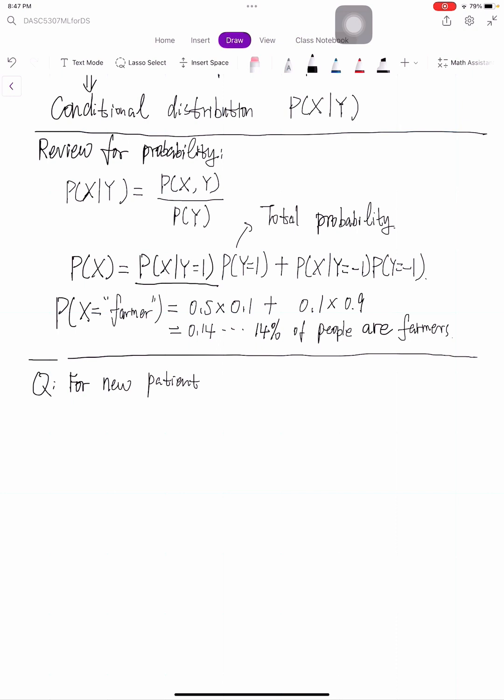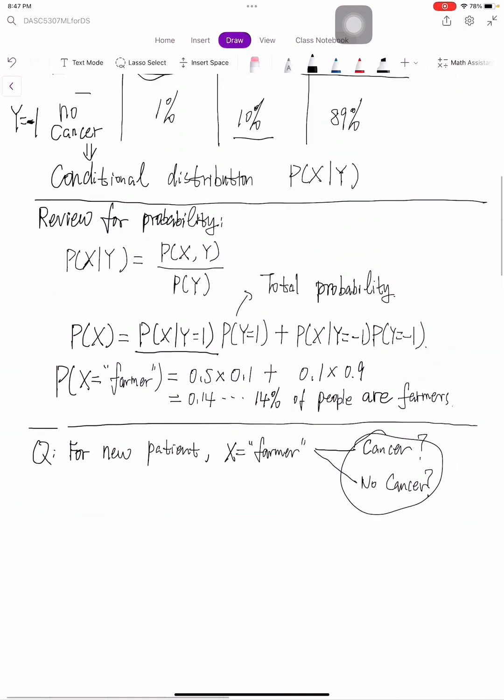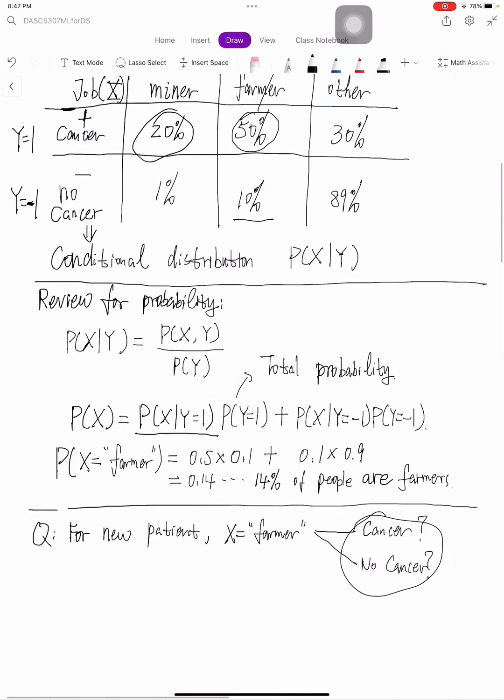So for a new patient whose occupation is farmer, based on this information only, can we guess the probability he has cancer, and the probability he doesn't have cancer? Intuitively, it seems he has a higher chance of getting cancer, but that's not true.